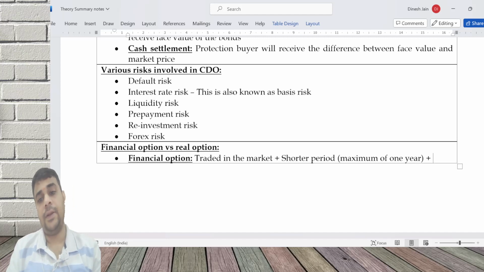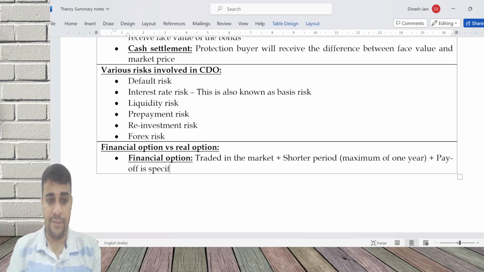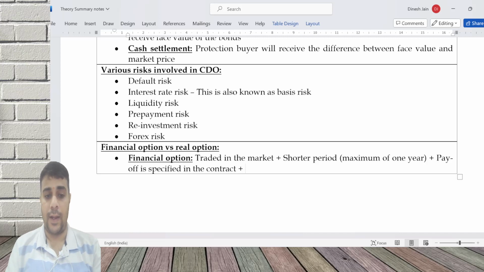Payoff is specified in the contract. These are priced by the market.